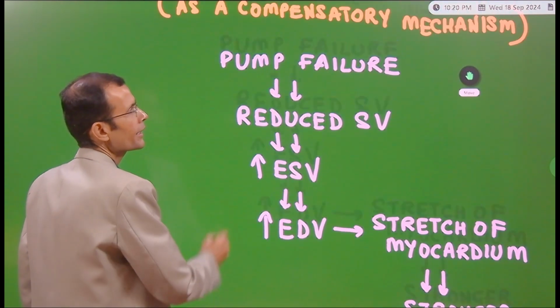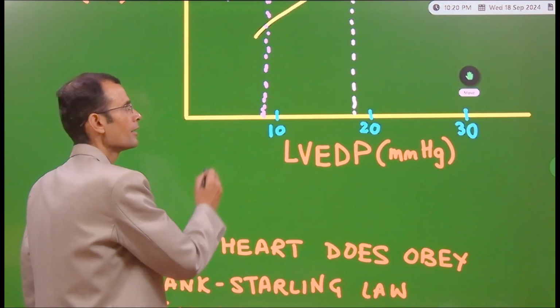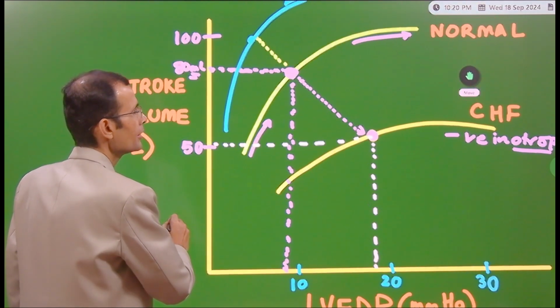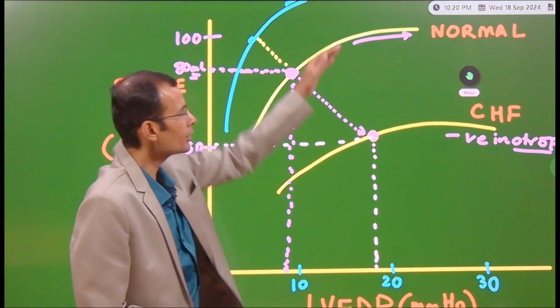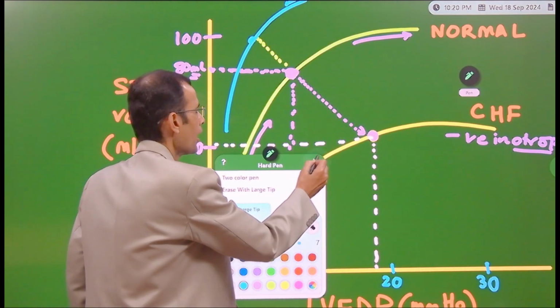This is the case with heart failure, and this is what is indicated by the Frank-Starling curve, with the normal curve and the curve that is seen in heart failure.